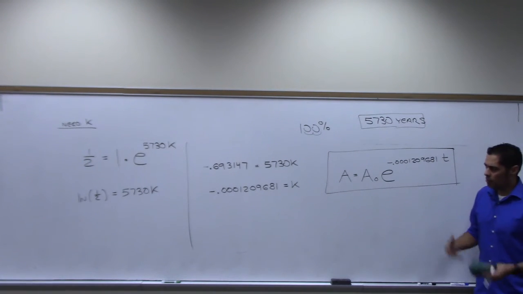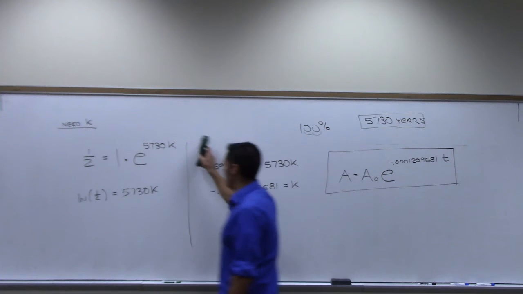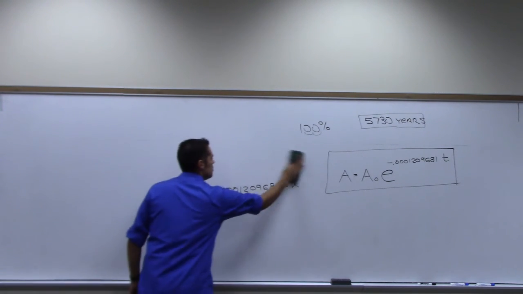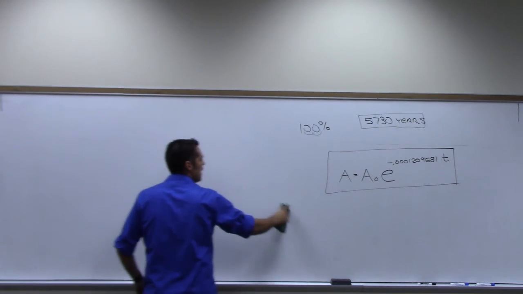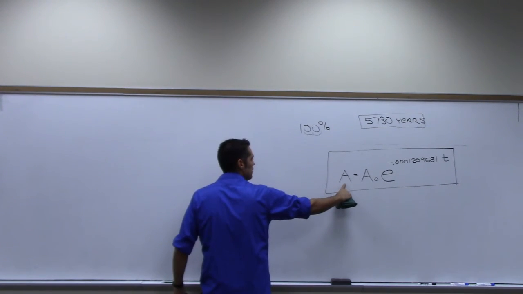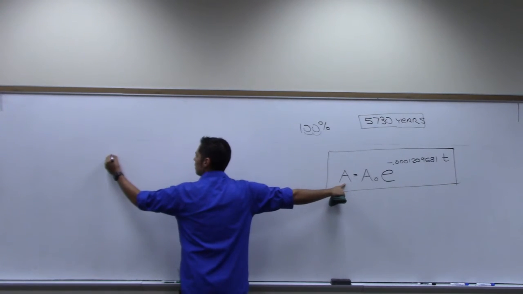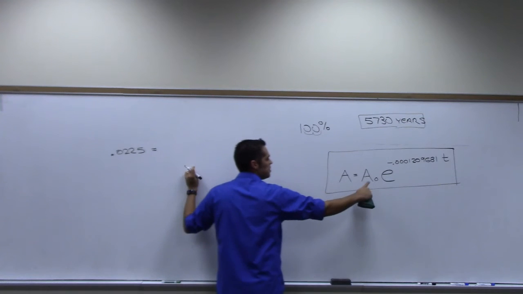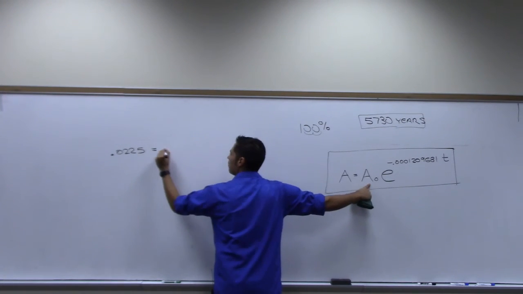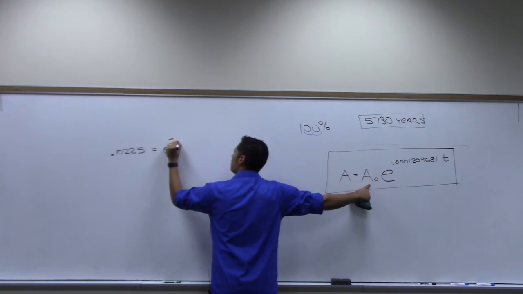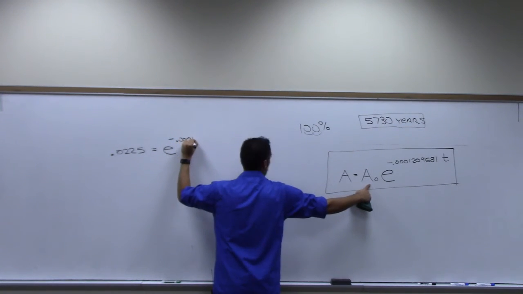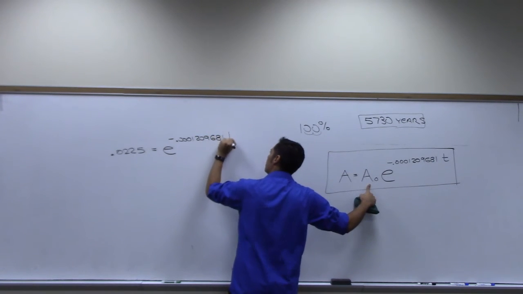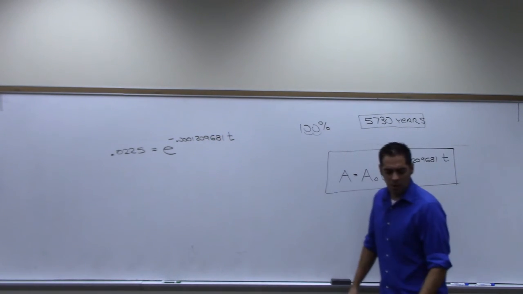Now we're going to finally solve the problem and figure out how old that bone is. When we found it, how much was there at the end? 0.0225 equals, how much was there initially? 1, so I'm not going to put it. e to the negative 0.0001209681 T. And how would you solve that for T?